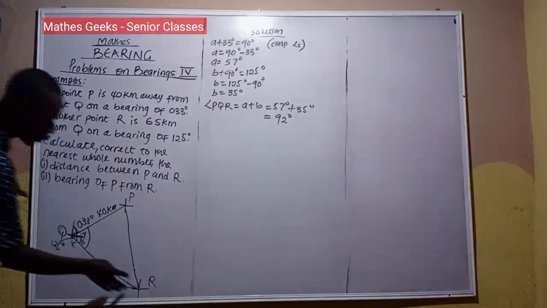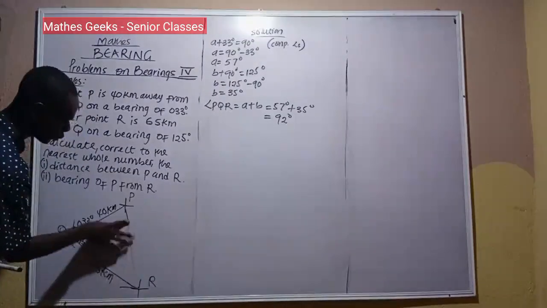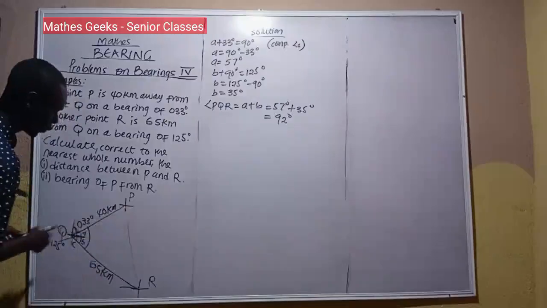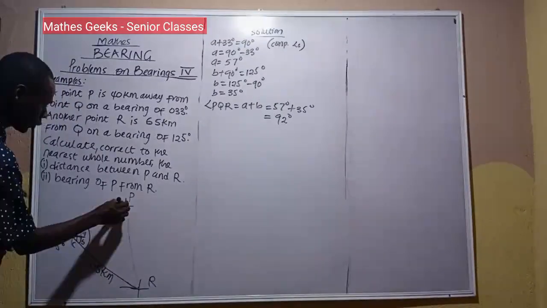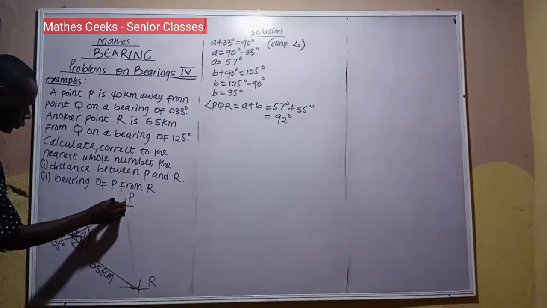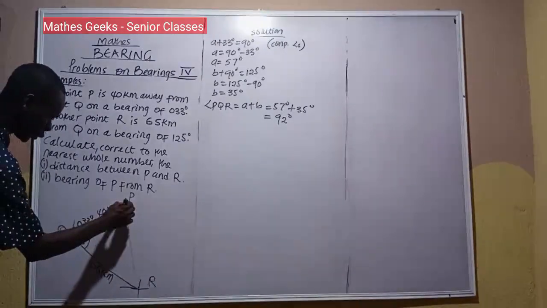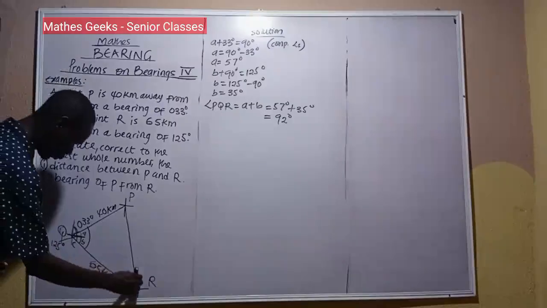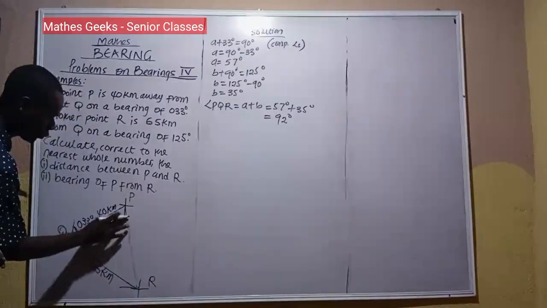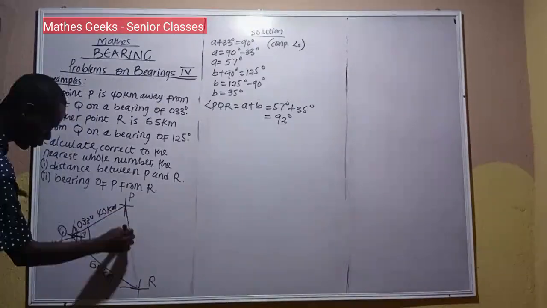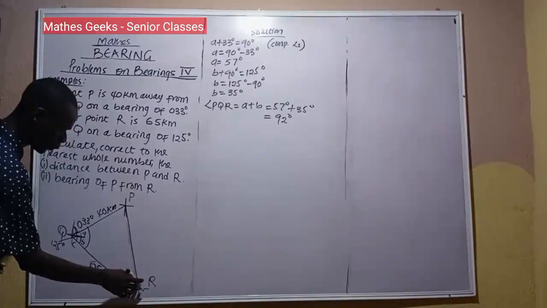So before proceeding, it's important we draw this line accurately. So since this line falls here, for you to join this point, bring this one here.